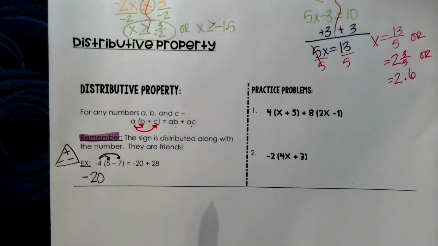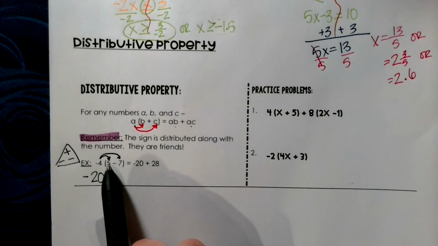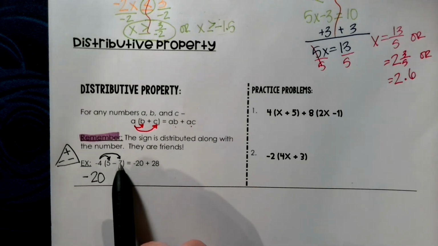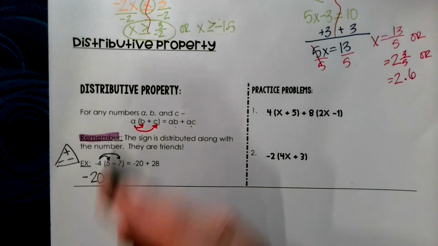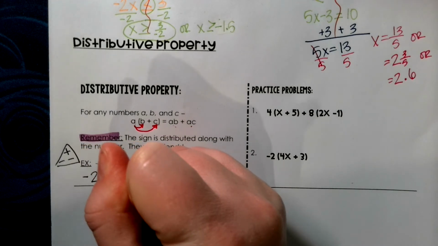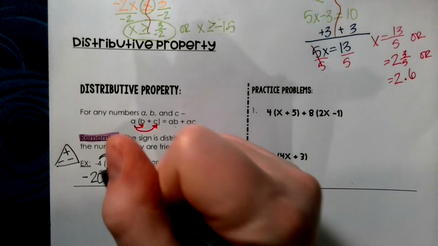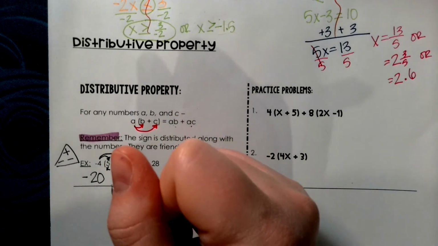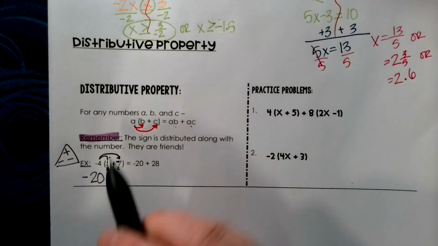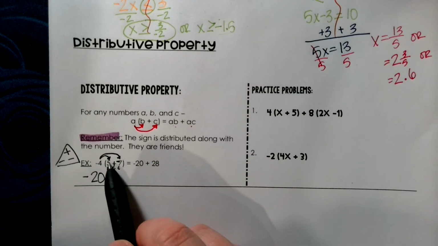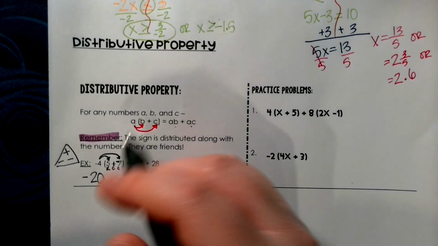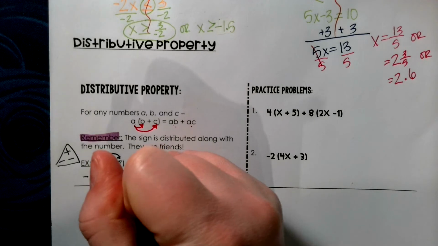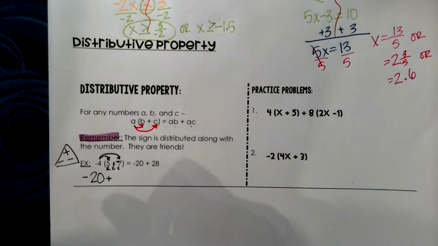There's two different ways that you can look at this. You can look at this as a KCC situation because you're subtracting: keep, change, change. And you could see that as plus a -7, or you can simplify. I like to do that KCC in the middle, keep, change, change, so that my operation in the middle here is going to be plus.